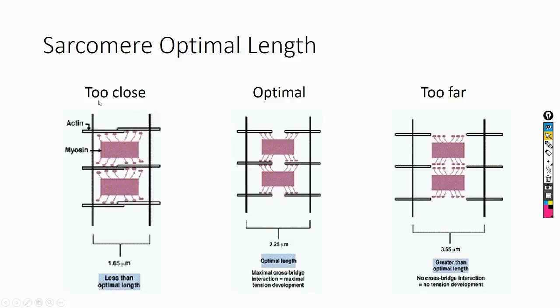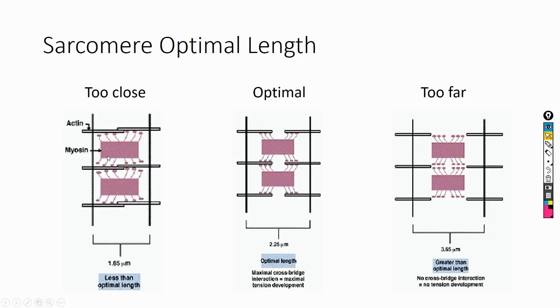So if you're too close, say you're below that 80-ish%, which you saw was the lower range of optimal, then what happens is the actin filaments are actually too close to each other, and they can kink and overlap, and that doesn't help the myosin either. These cross bridges want this nice spread out orientation, so they can grab onto the actin and it still has space to move.